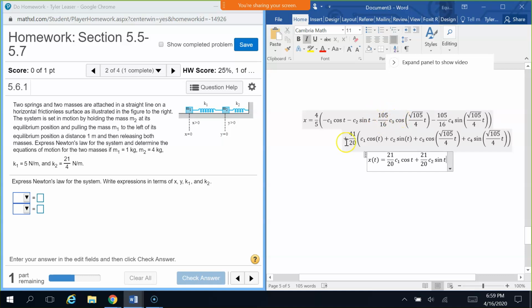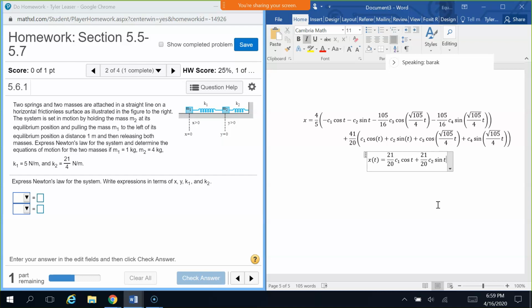And I need to add that onto 41/20. Google says it's 3.2.